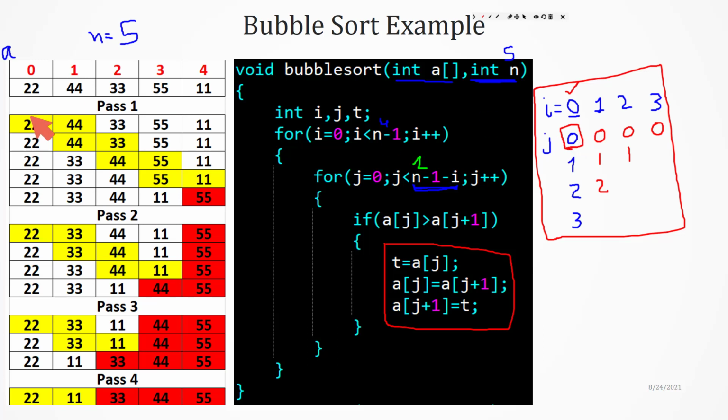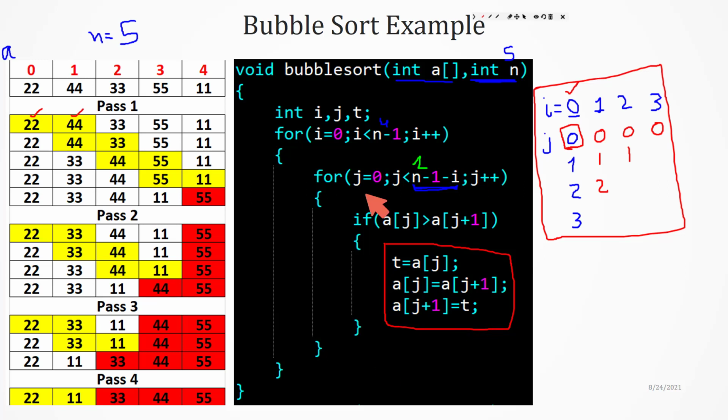That means index positions 0 and 1 will be compared. Here 22 greater than 44 is false. So these operations will not be performed.